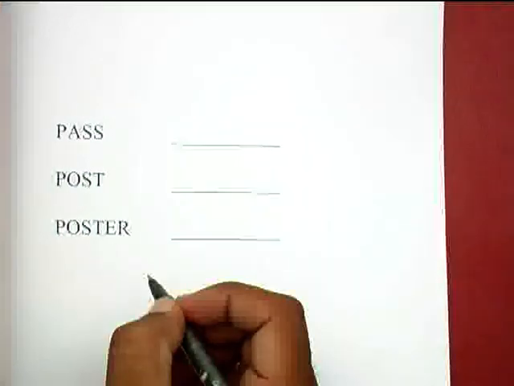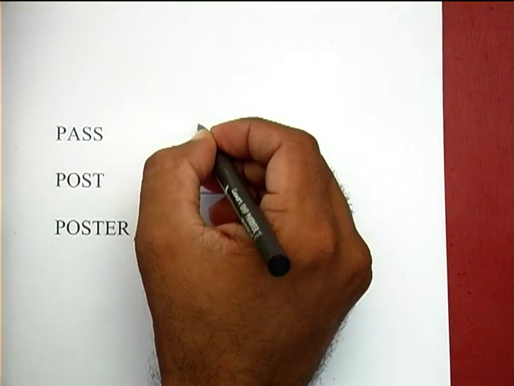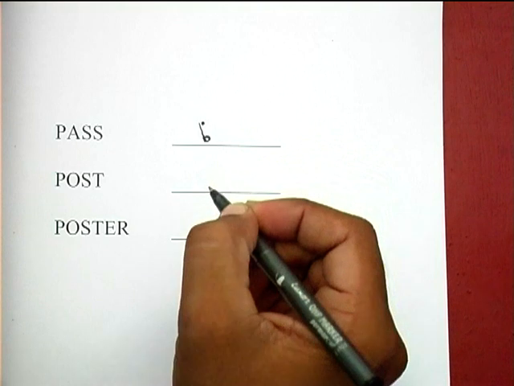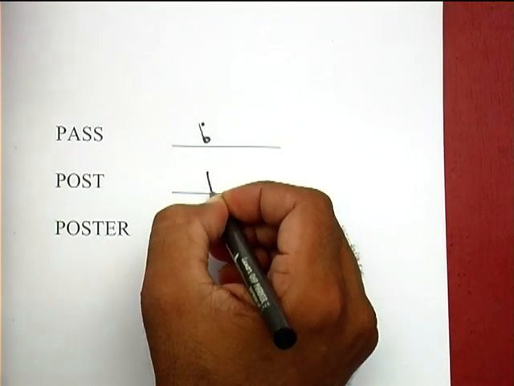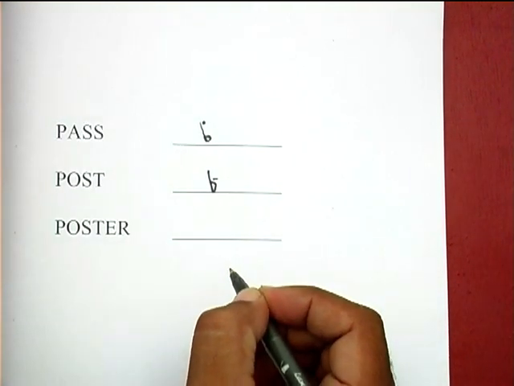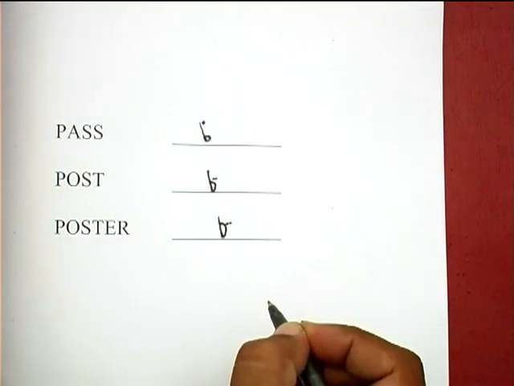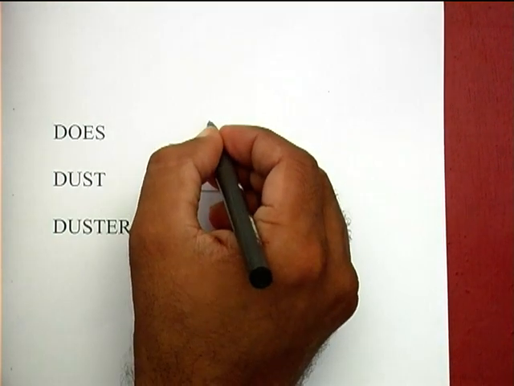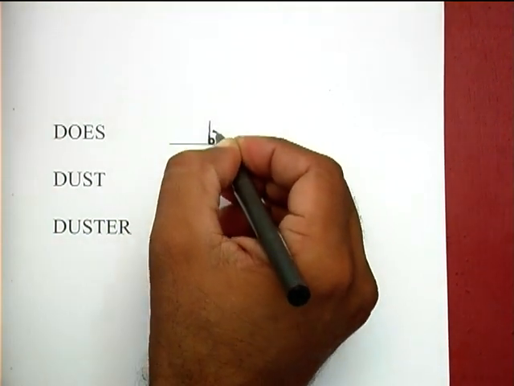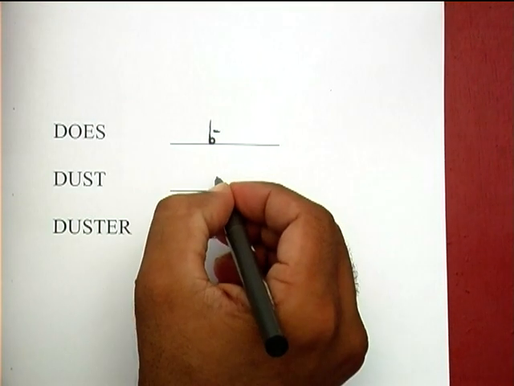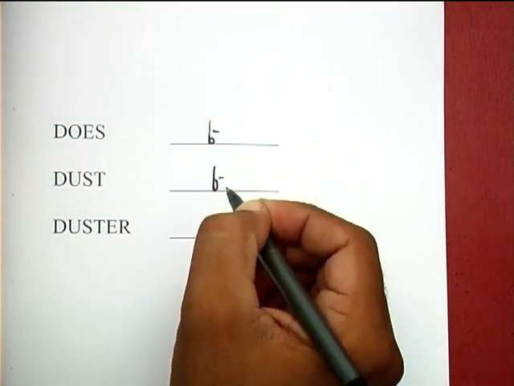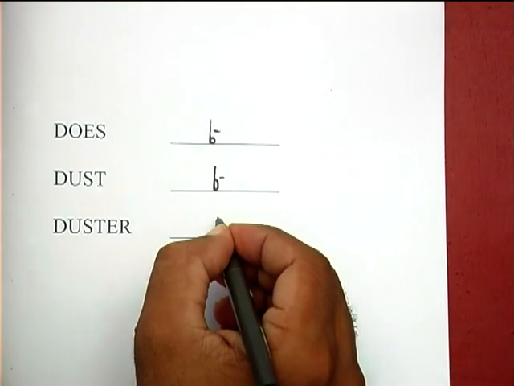The loops, when attached to any straight stroke, should always be written in the same direction as we write circle S. For example, pass, post, poster, does, dust, duster.